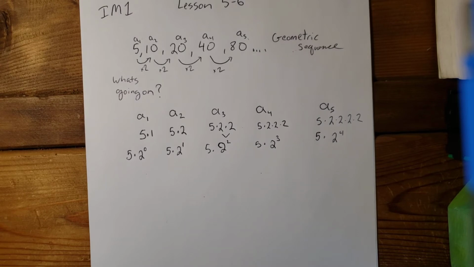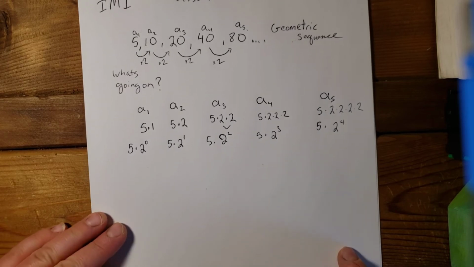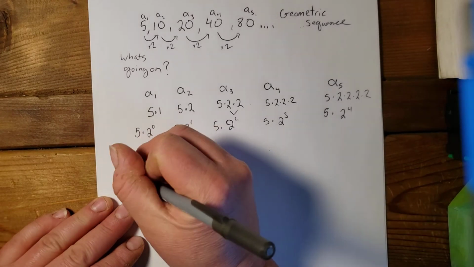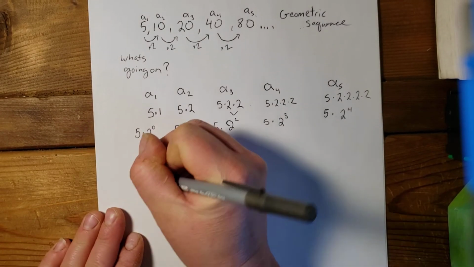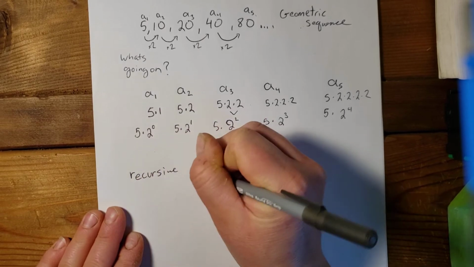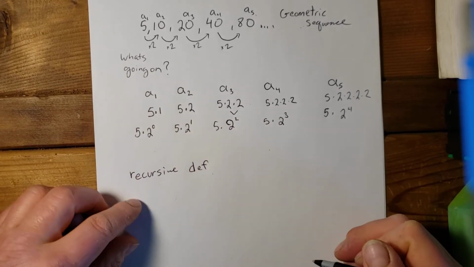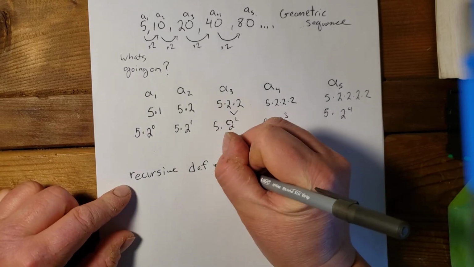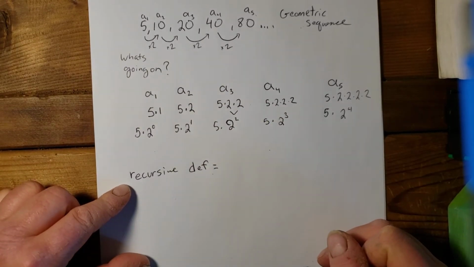All right, so if we wanted to write 2 different definitions for this, I'm going to call these definitions. The first one is called a recursive definition. All right, the recursive definition is basically how you would describe it to me.